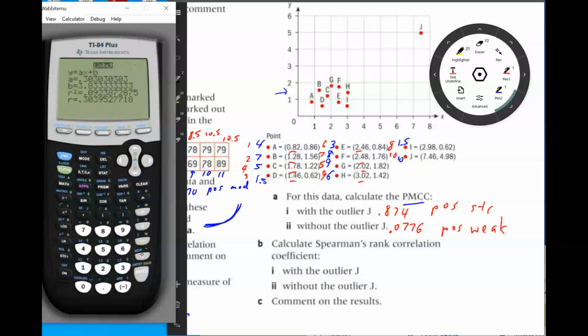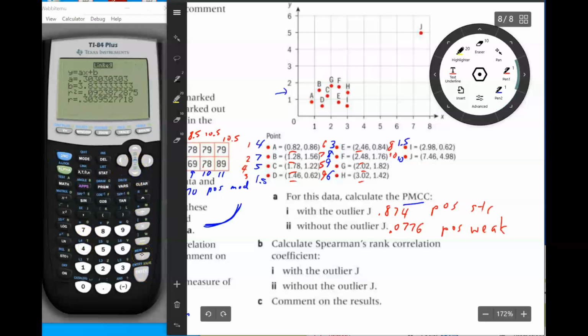Okay, you can see that when we do Spearman's, we're not interested in the line equation. We're only interested in the R value. So the R value, in this case, the Spearman's value for with J would be 0.304, which would be positive, very weak, right?